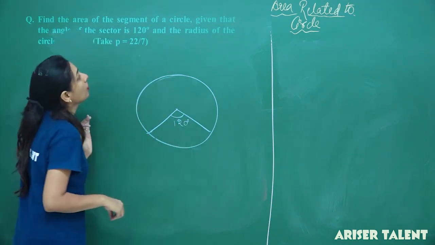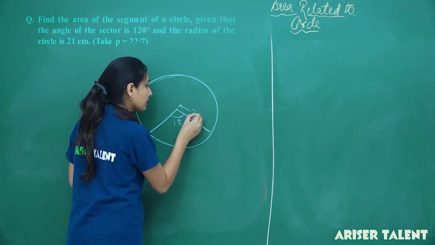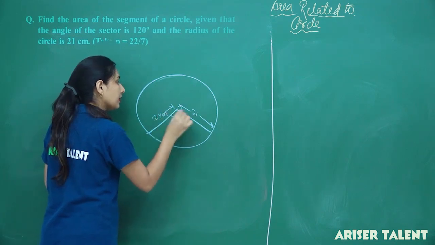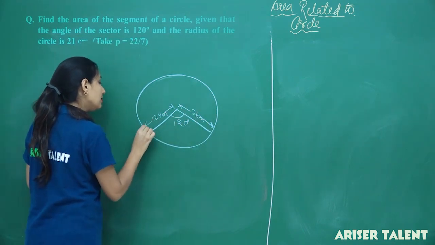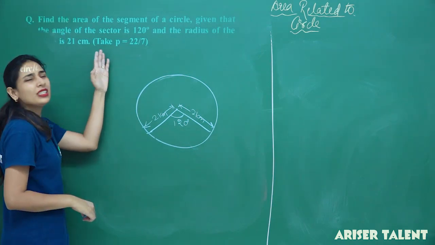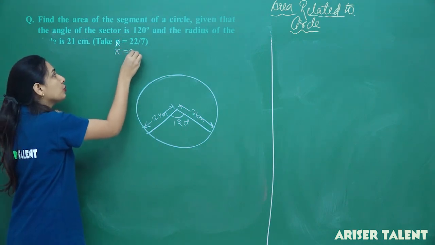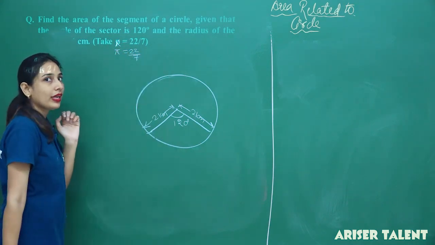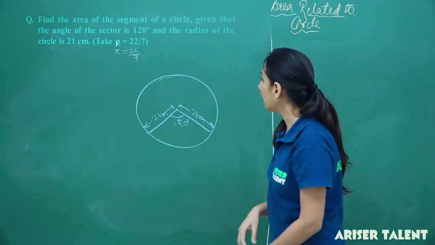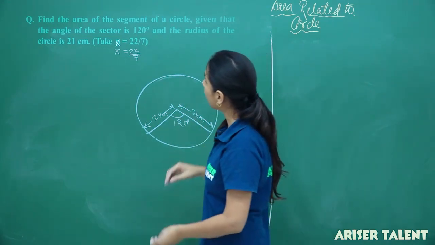And the radius of the circle is 21, so this is 21 centimeter, this is 21 centimeter. Now you have to take pi. So students, just correct it, it's not P, it's pi equals 22 by 7. Now you are provided with this and you have to find the area of the segment.